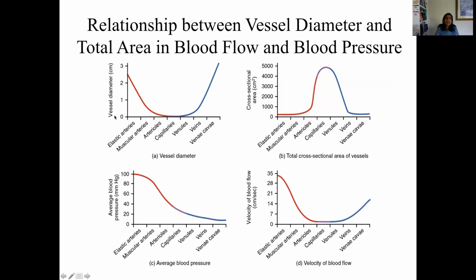The first one is the blood vessel diameter. Larger arteries, as they branch, become smaller and smaller. The smallest are capillaries. As they fuse to become venules, the size of the vessel increases.